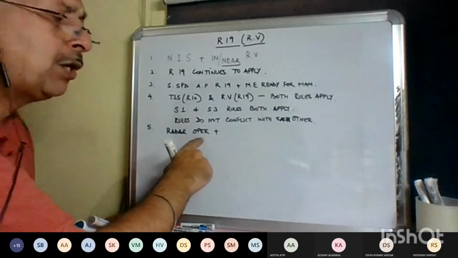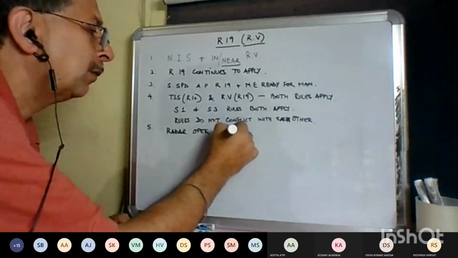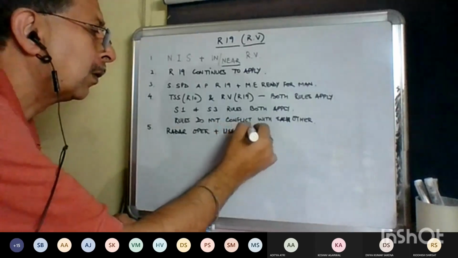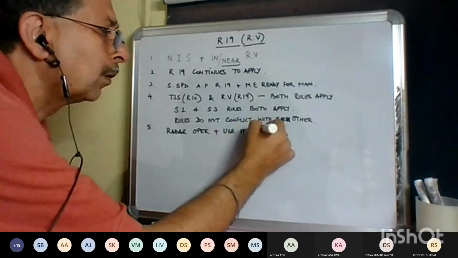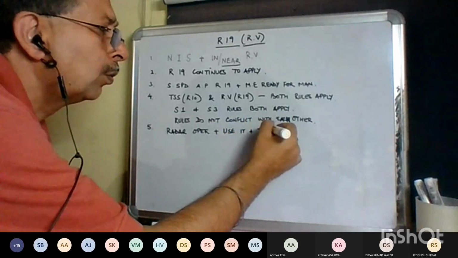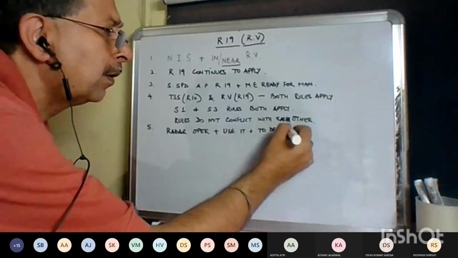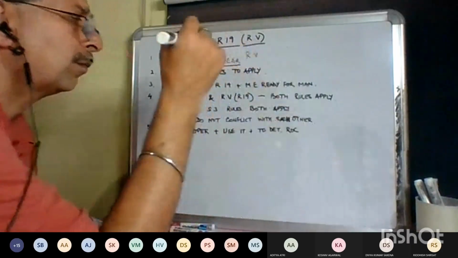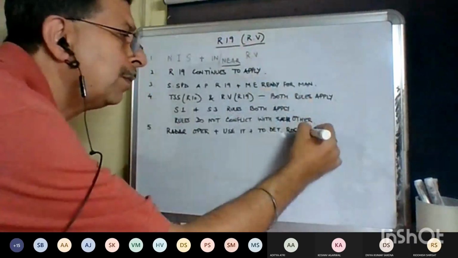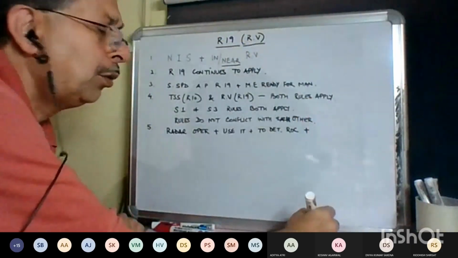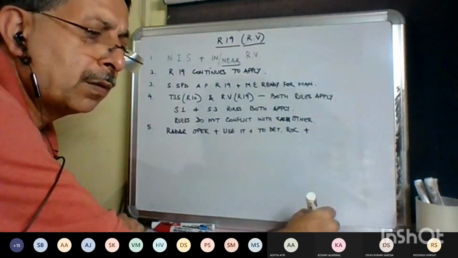That means radar is operational. If a vessel has got an operational radar, she must use it to determine risk of collision. She must use it to determine risk of collision.